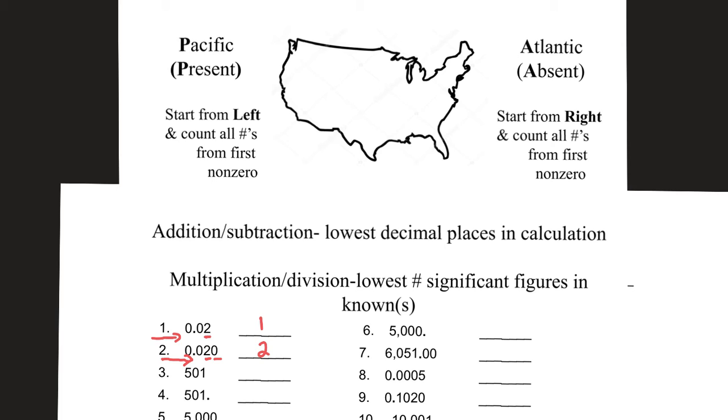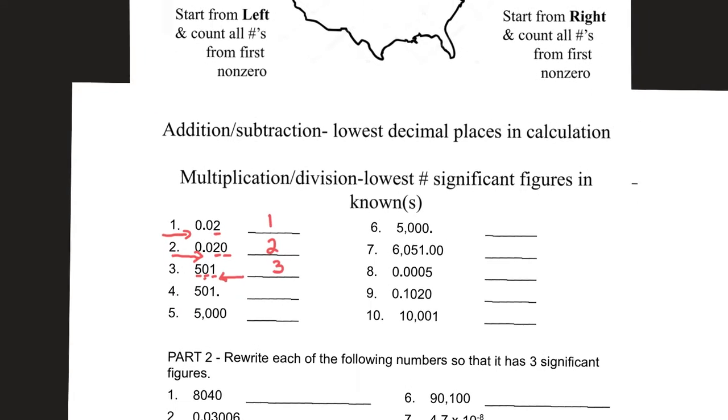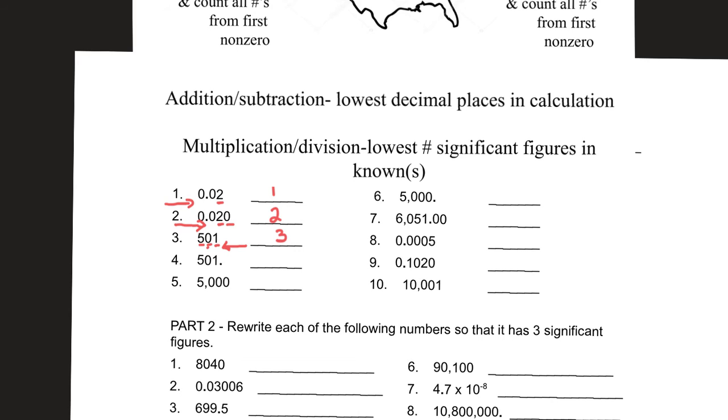Number 3, there is no decimal. The decimal is absent, so I'm going to start from the Atlantic side, moving from the right. The 1 is my first non-zero number. I'm going to count till I run out, and this would have 3 significant figures. For number 4, the decimal is present, so I'm going to start from the Pacific side, moving to the left. 5 is my first non-zero number.